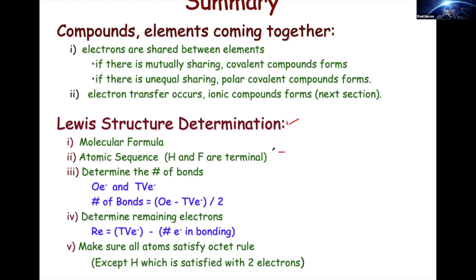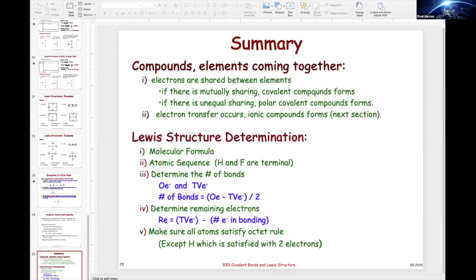Remember that hydrogen and fluorine can never be central, but once you understand the connectivity sequence, then you can fill in the number of bonds and then fill in the number of lone pairs so that each atom satisfies the octet rule if it's not an octet rule violator. Remember that hydrogen satisfies the duet rule. So that pretty much takes care of that section. And what we're going to be doing next time is using the Lewis structure to determine molecular geometry.